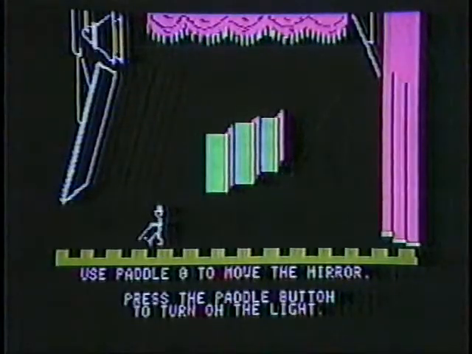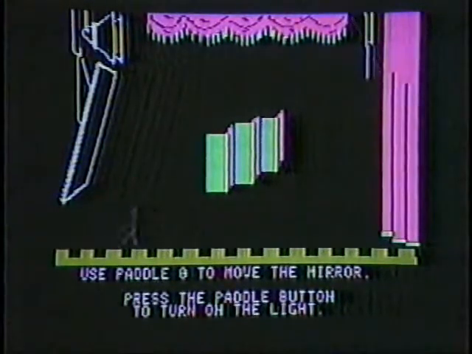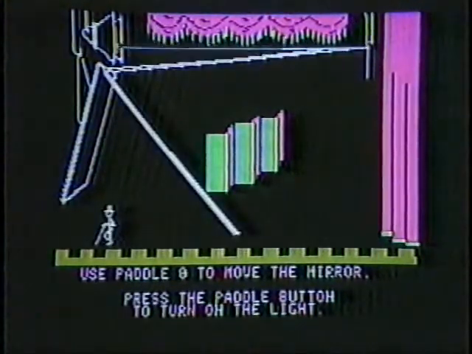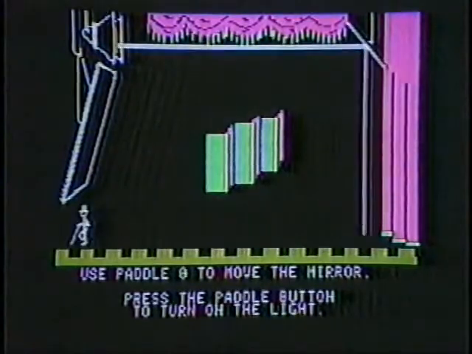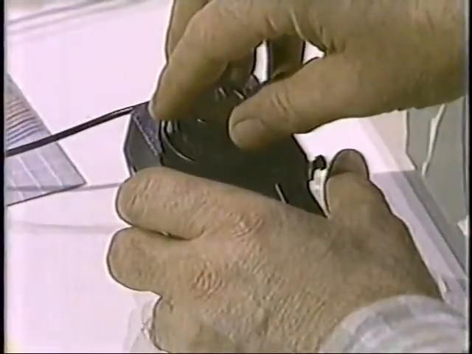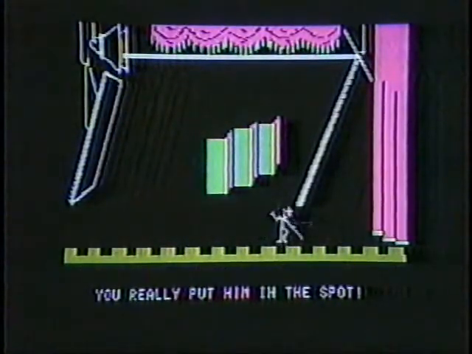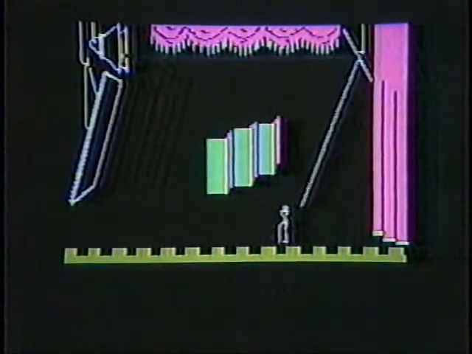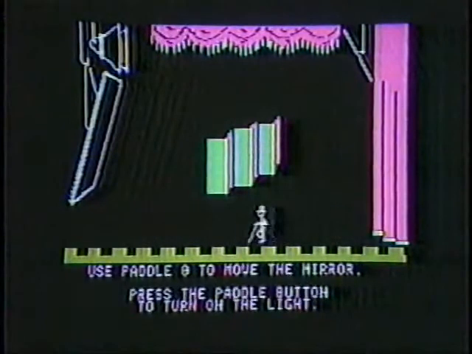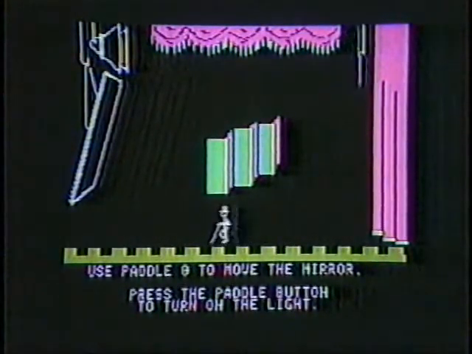Missed him. If you succeed, you get a little reward. He's elusive. But I got him. Isn't he terrific? Okay, now we'll try and get him again.